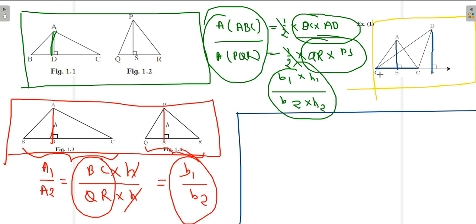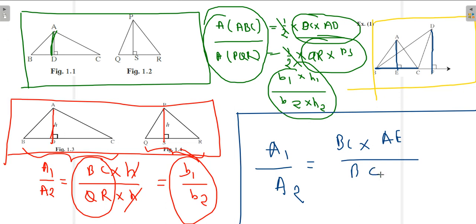So triangle ABC has the same base, and triangle BDC has the same base. So if I write A1 upon A2, this will be nothing but what? Yes, you are right, base into height, but base is BC multiplied by the height of the first triangle, AE, right? And what is the base of the second?